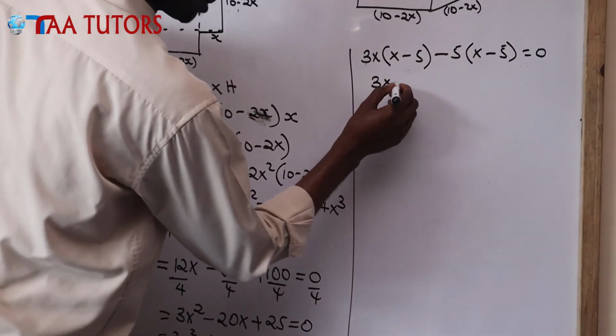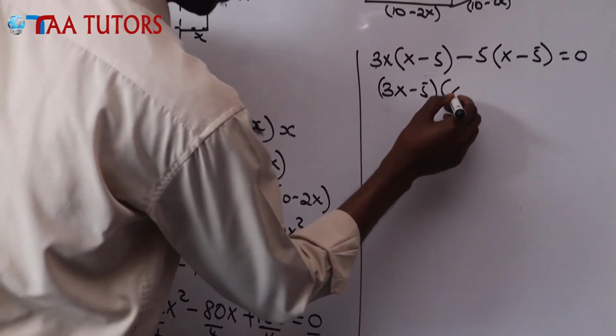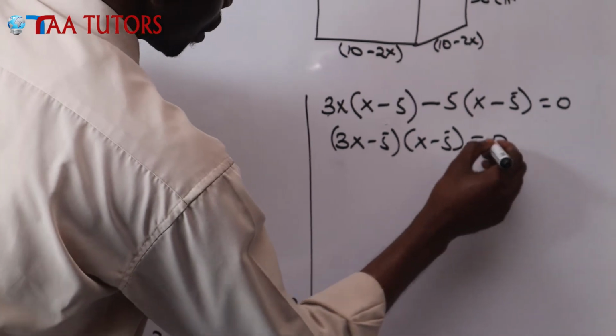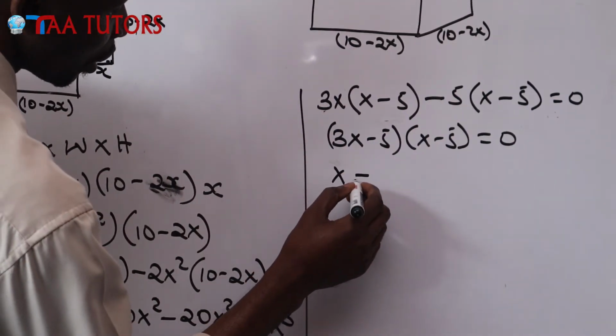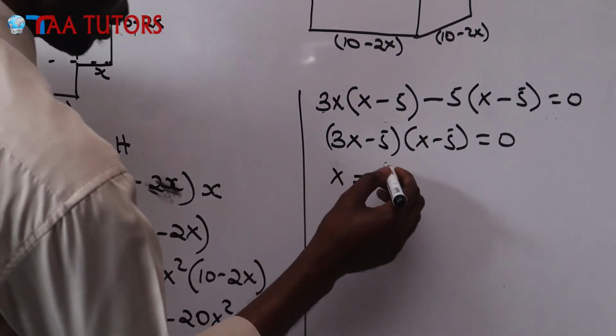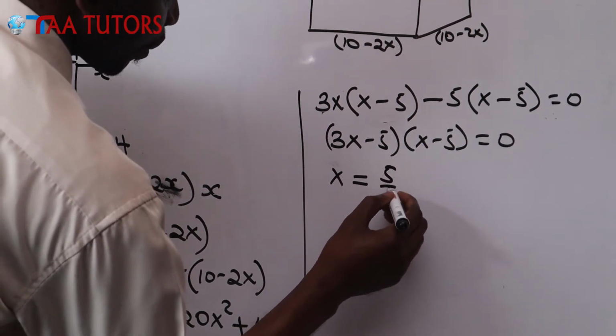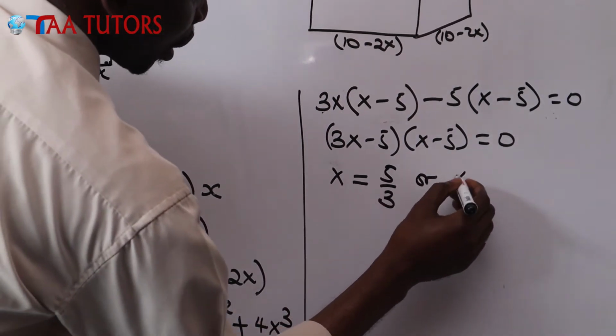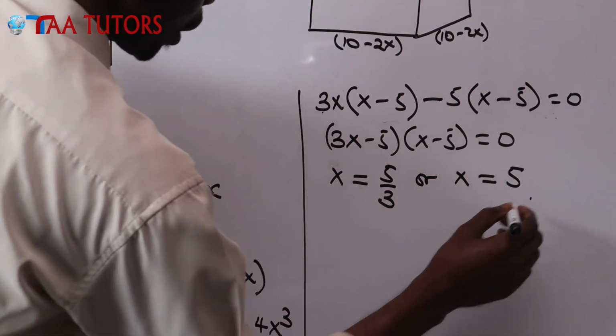So 3x minus 5 into x minus 5 equals 0. So x here equals 5 over 3, or x equals 5.